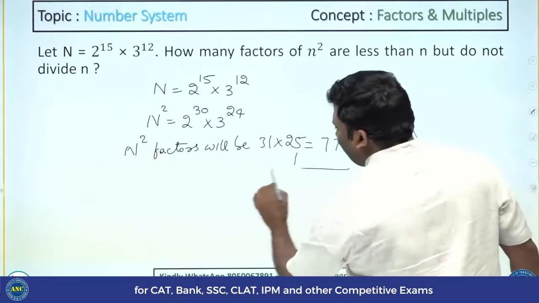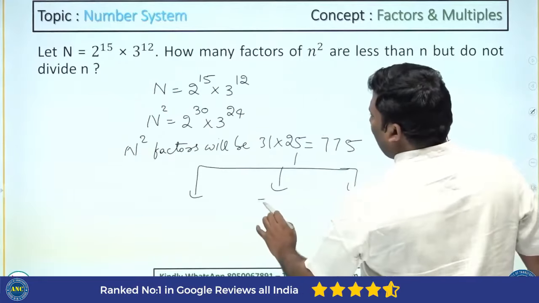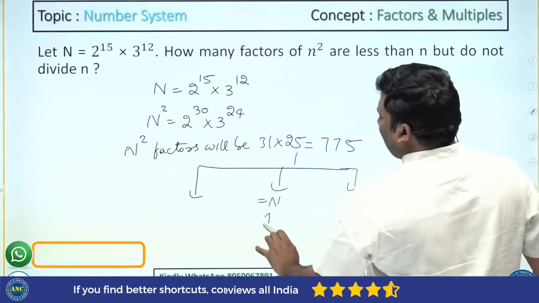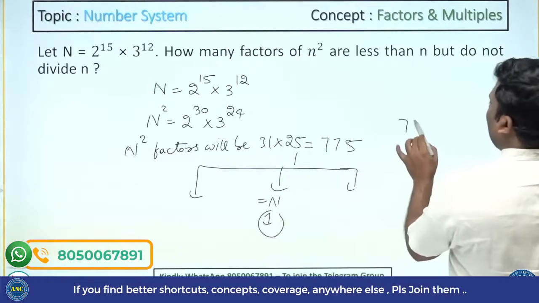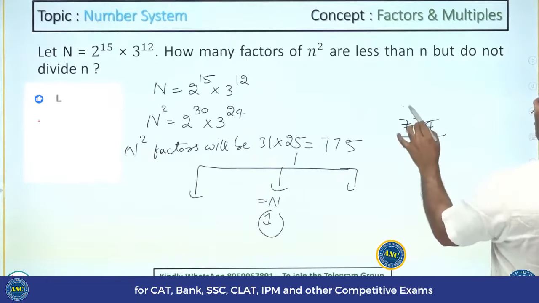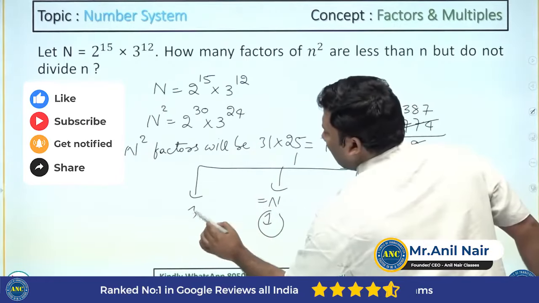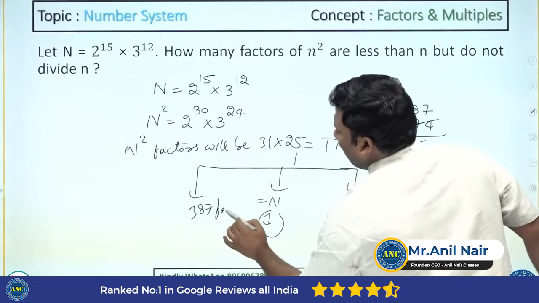In that 775, one factor will be equivalent to n. Remaining 774 are less than n or greater than n. Half of 774 is 387. 387 factors are less than n.